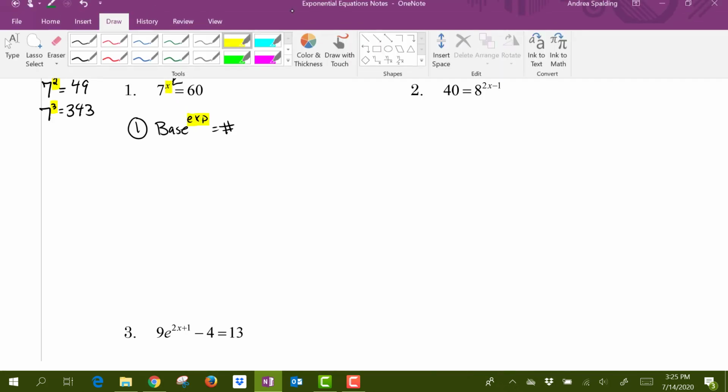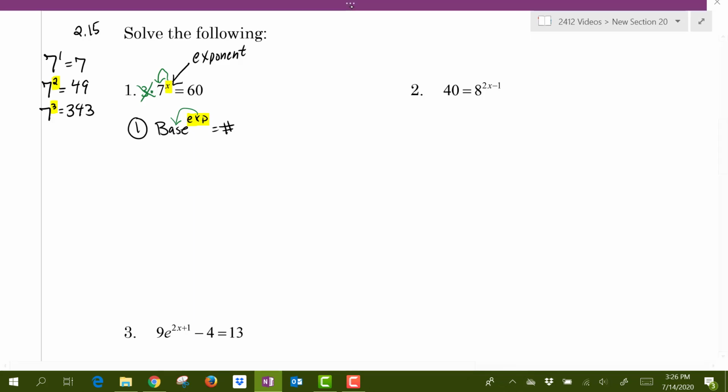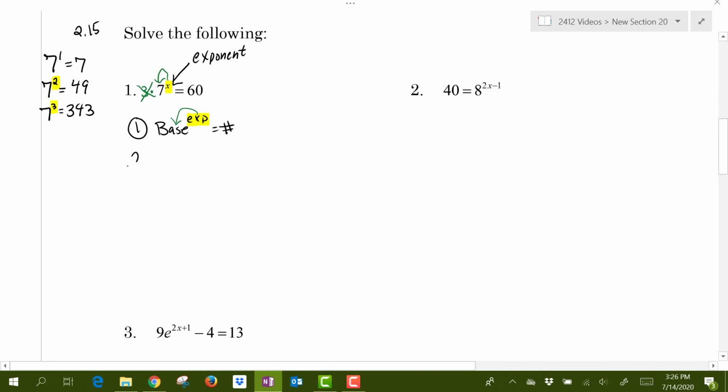Once you have the exponent, you want to identify the base by looking directly in front. So the base is always the thing that's directly in front of the exponent. Okay? If there was something times that, then 3 would not be part of the base. So you want to be really careful that you can identify what the base is for that exponent. Once you have the base, the exponent, then you have a number on the other side, then we can go ahead and go on to step 2.